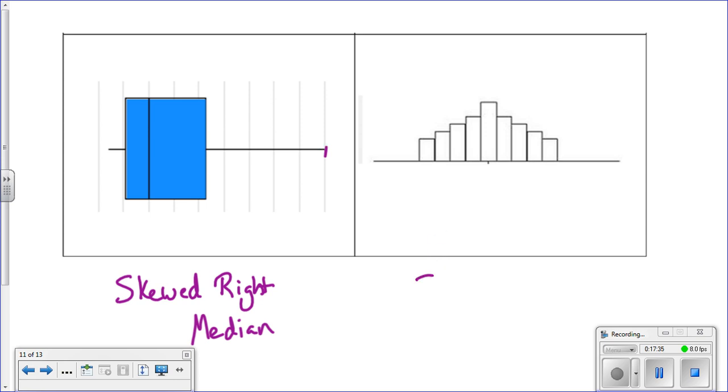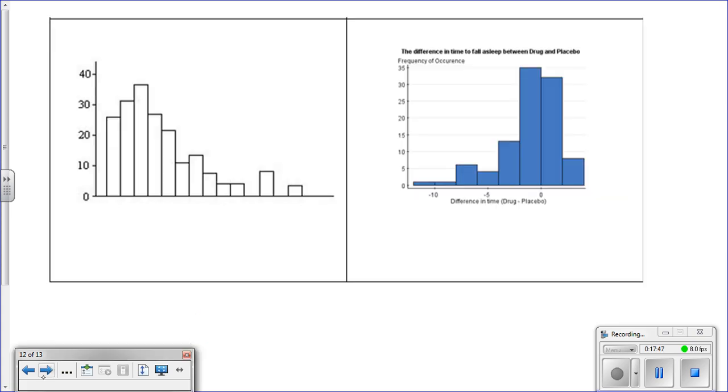Here we have symmetrical data. So you're fine to use the mean to measure the data. That's a good measure of central tendency. So this data here would be skewed. This would be skewed right.